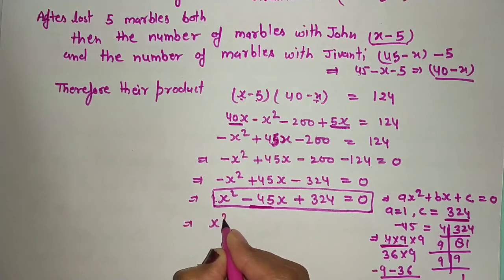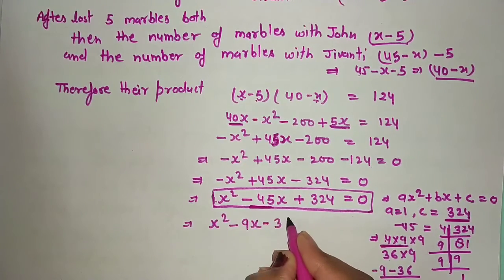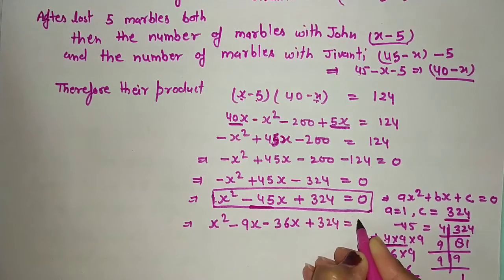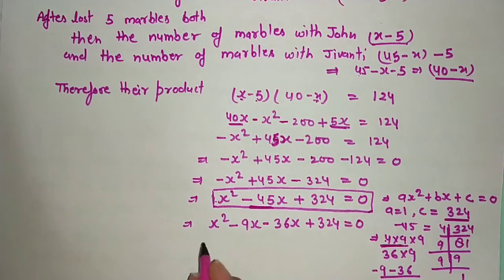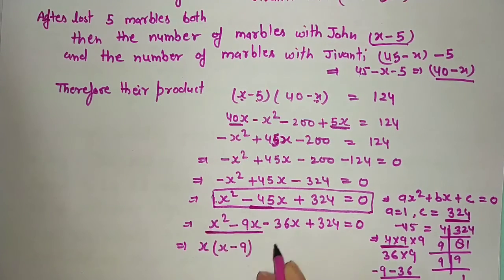Therefore it becomes x square minus 9x minus 36x plus 324 is equal to 0. Now we take x as common in these two terms. By taking x as common, the remaining is x minus 9.